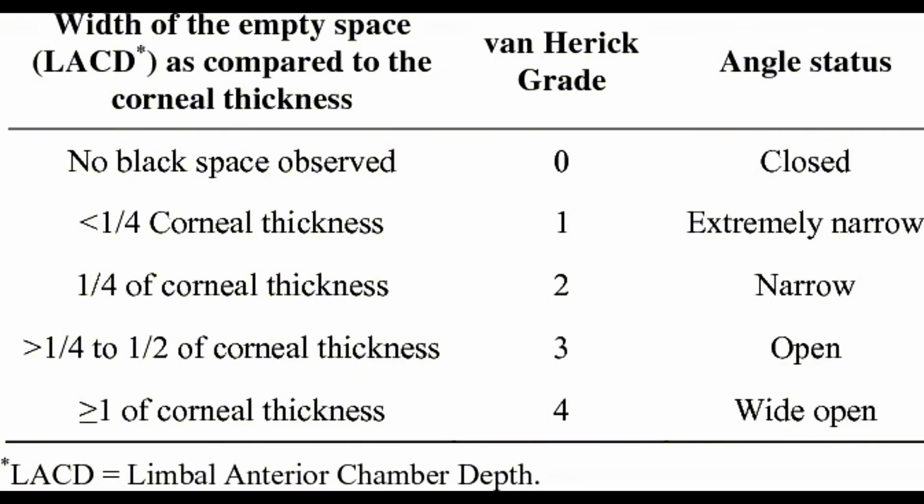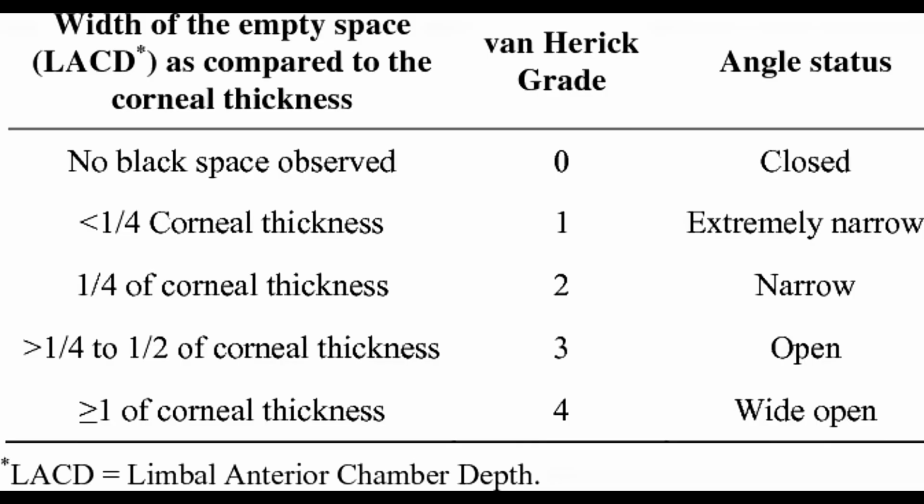This means your patient's angle is extremely narrow. If the width of the empty space as compared to the corneal thickness is 1/4, that means it's grade 2, and you say your patient's angle is narrow.